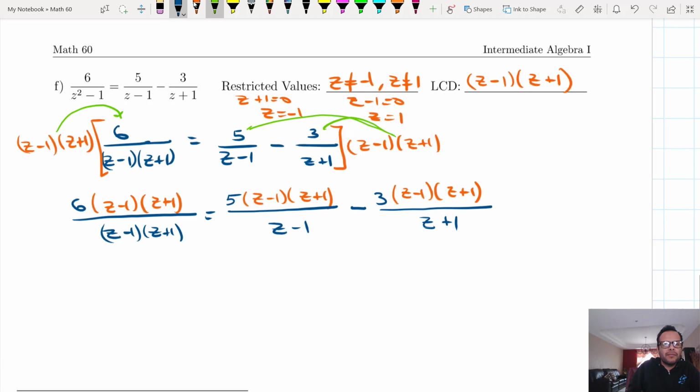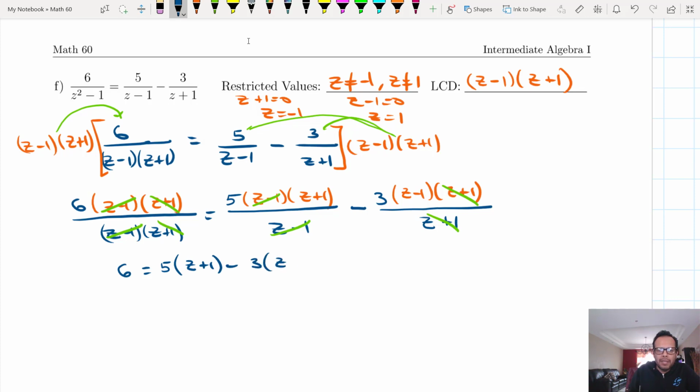So at this point, let's divide out common factors. Notice the z minus 1 goes away, the z plus 1 goes away. On the left-hand side, everything goes away. z minus 1 goes away on the first term of the right-hand side, and z plus 1 goes away on the second term of the right-hand side of the equation, leaving us with only the number 6 on the left-hand side equals 5 times the quantity z plus 1 minus the quantity 3 times z minus 1.